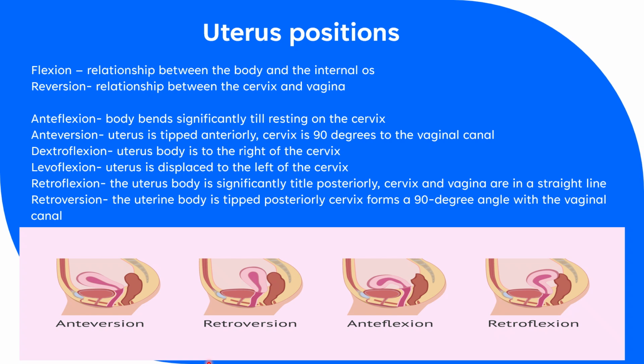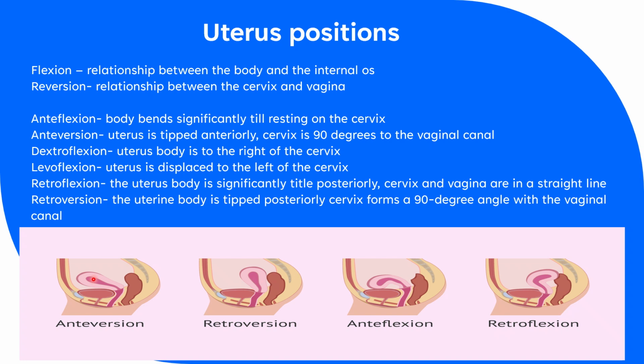So before I go into the specific things, I want to point out what flexation and reversion are, which is going to help you when you're talking about the relationship of the anatomy. So flexation is going to be between the body and the internal os of the cervix. So that is wholly related to the cervix and the body of the uterus.